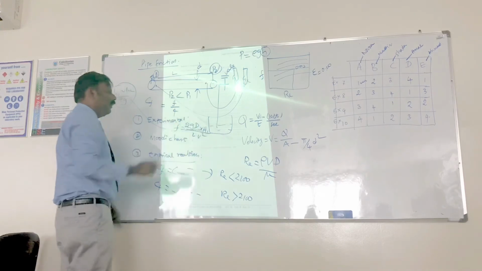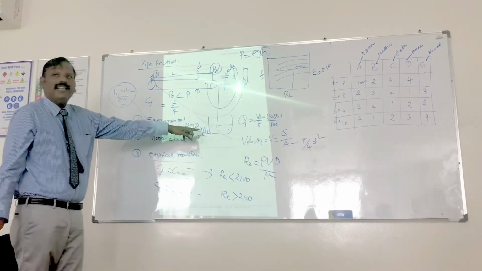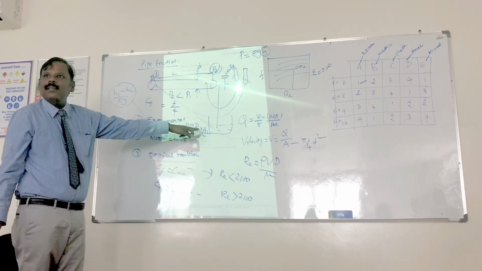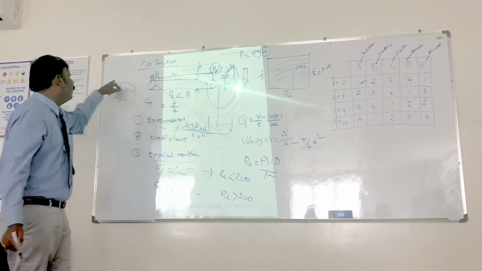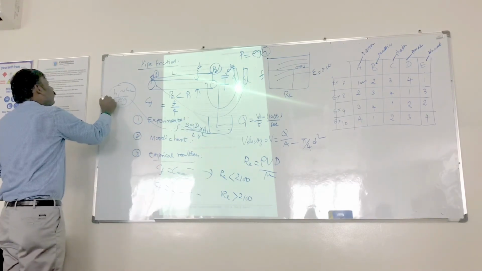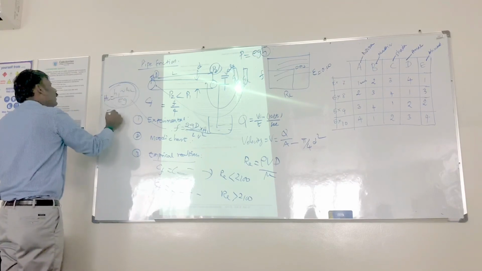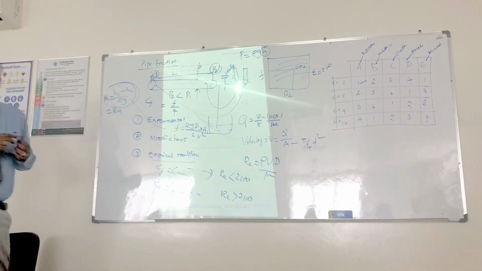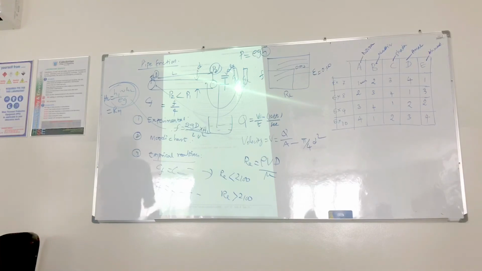Okay, fine. So how will you find the HL? HL will be equal to this one, that is equal to R m. So the difference between H1 and H2 divided by rho g will give H. Understand? Clear or not?